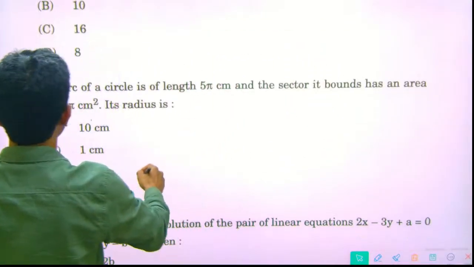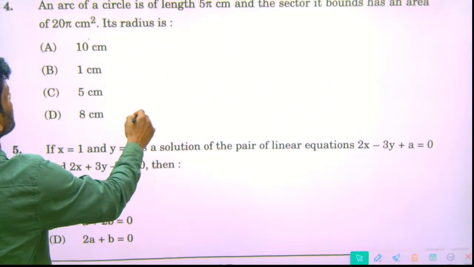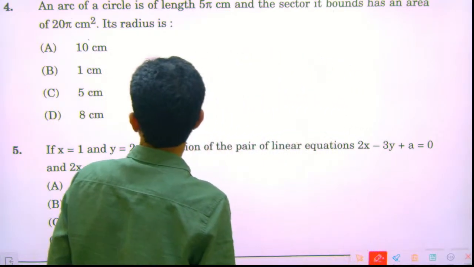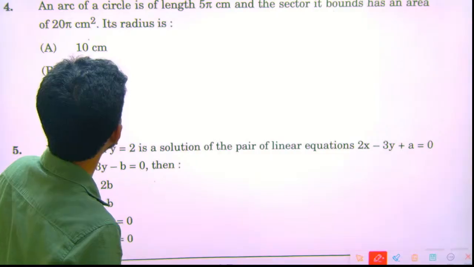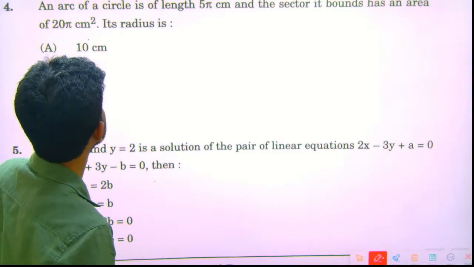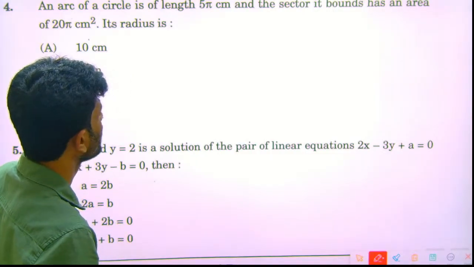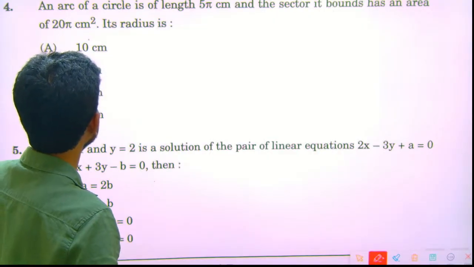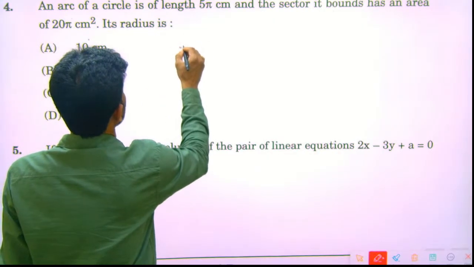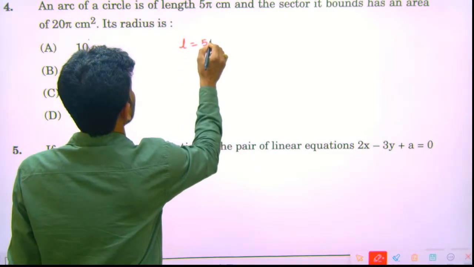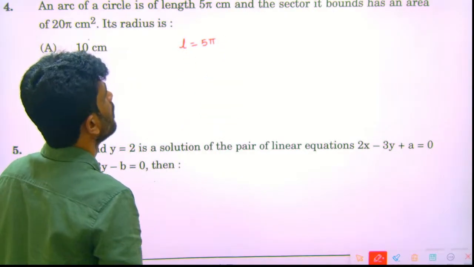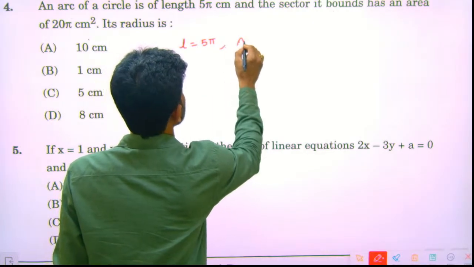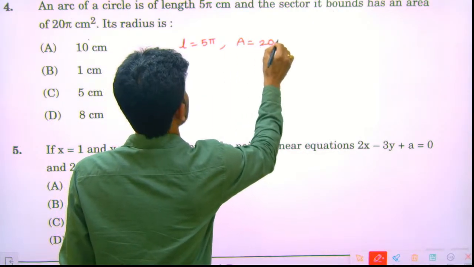Now question number 4. An arc of a circle of length 5 pi and the sector it bounds has an area of 20 pi centimeter square. Then radius is, here what is given, length of the arc is given 5 pi and area of sector is also given, area of sector is given 20 pi.